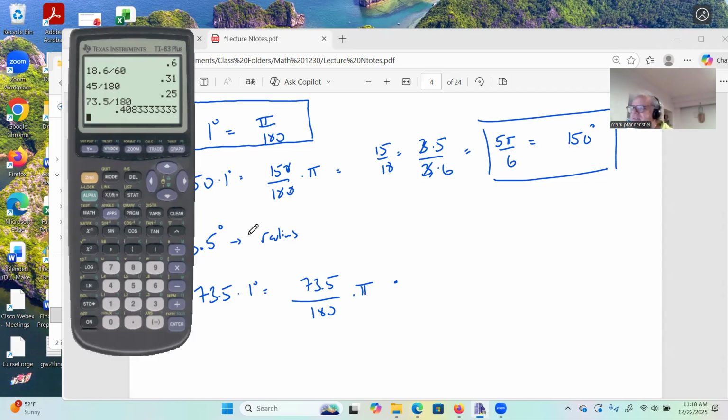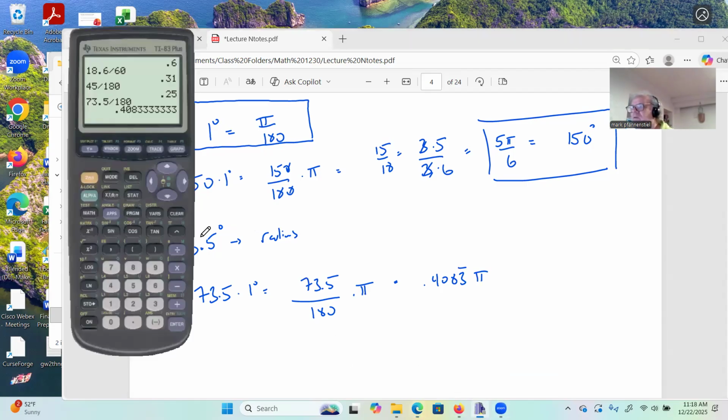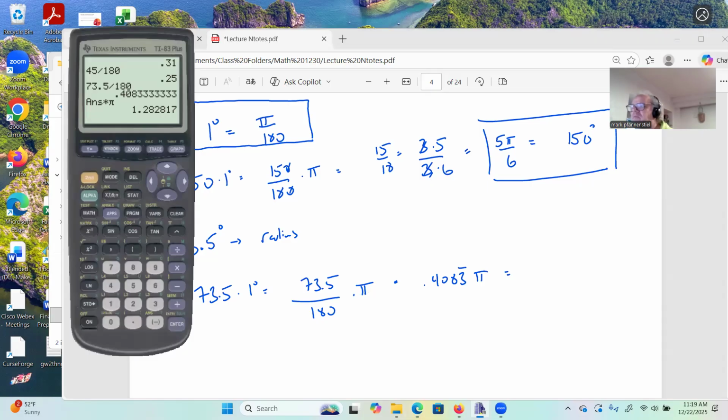That's going to be 0.4083 repeating, times pi. Since we've already got this messy number, we can just multiply it by pi as soon as we find it. So times pi equals, and we'll round to 3 decimal places: this angle is also equal to 1.283.